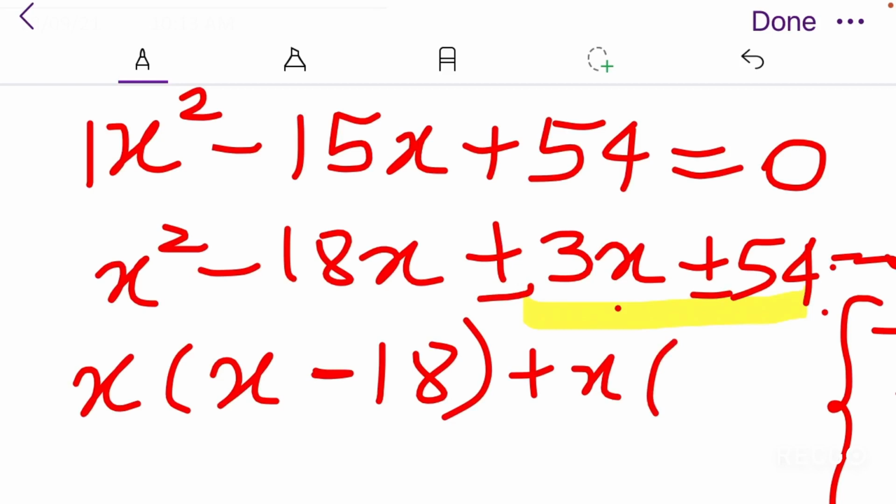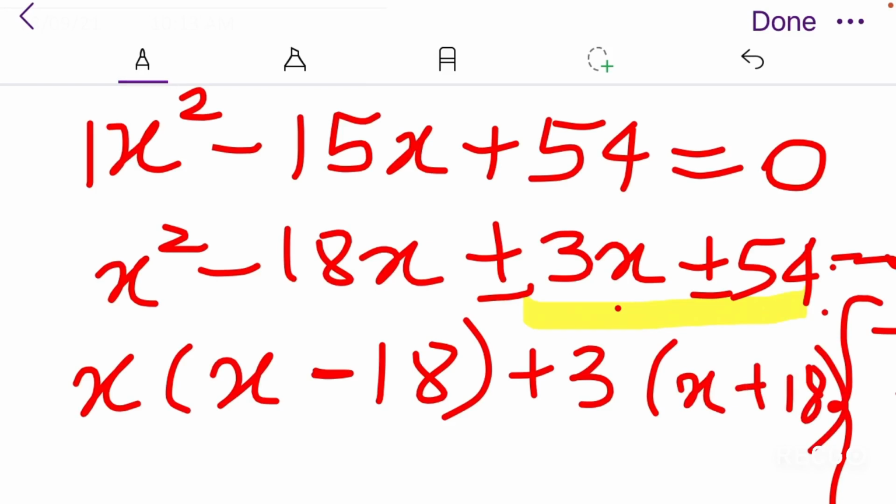Now over here 3 we have taken common, so what are we left with? 3, and we know that 3 times 18 is what? 54. So this is 3 times 18.